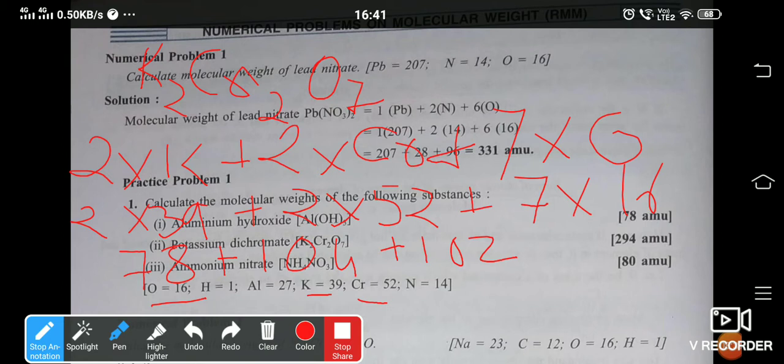Sorry, I made a mistake. 7 into 16 would be 112. 112 plus 78 is 190. 190 plus 104 is 294. Again, the unit, atomic mass unit.